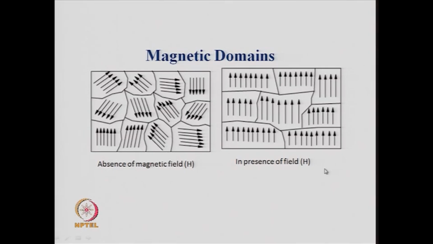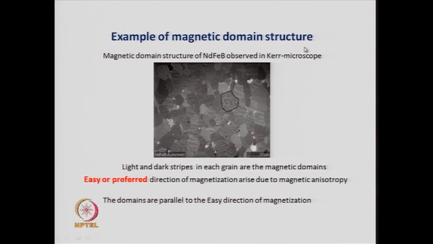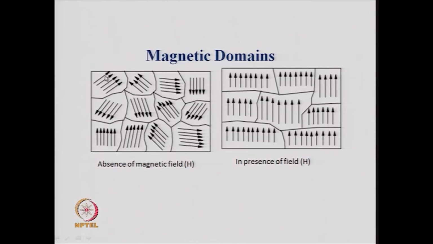But in the presence of the magnetic field they get aligned, and this needs to be done only once, and if you remove the magnetic field, you should retain the magnetization due to these ordered magnetic domains. Now, this example of magnetic domains, which is a schematic, we have drawn by ourselves.